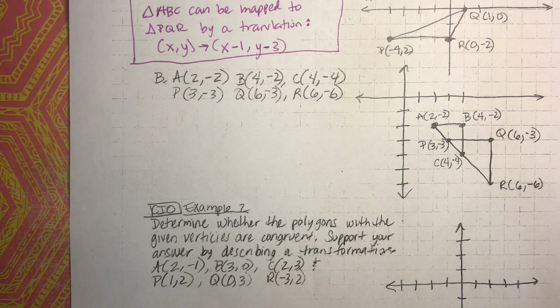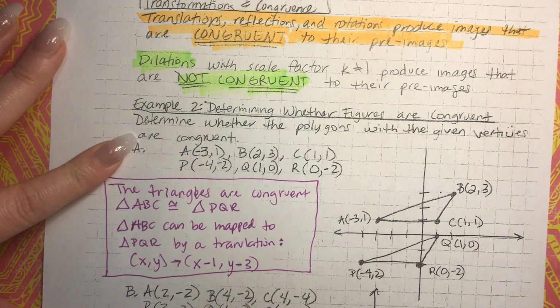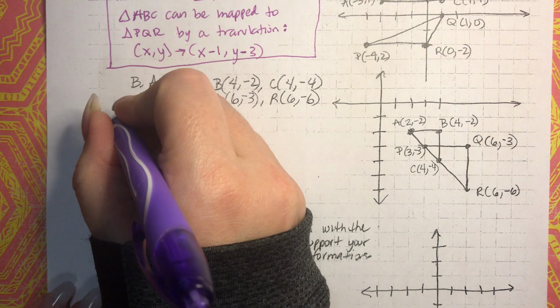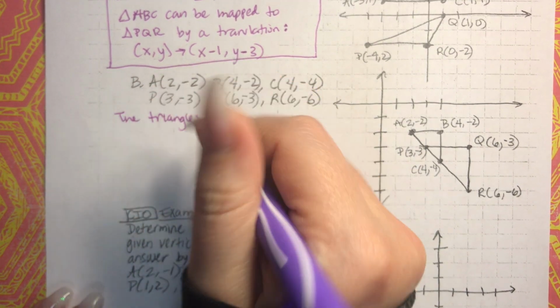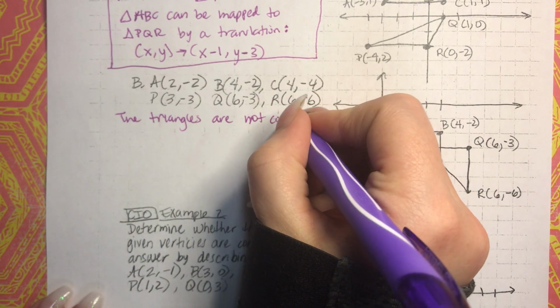So since it's a dilation, remember that is the one thing that is not congruent. So it's saying determine whether the polygons with the given vertices are congruent. So what we would say is that the triangles are not congruent.